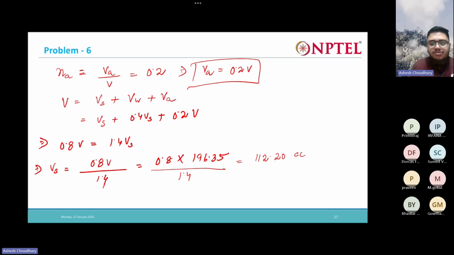Volume of soil solids I have given you, 112.20 cc. You have calculated it. Now from 112.20 cc, you find out the weight of soil solids, Ws. Please find it out. From Vs you need to find out Ws. Very simple.